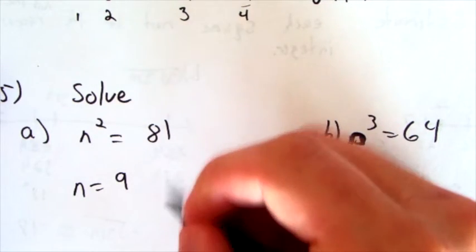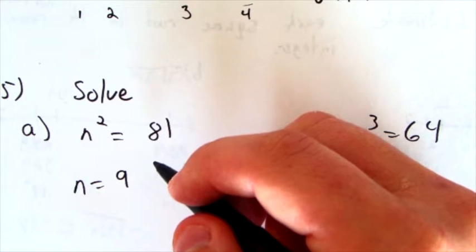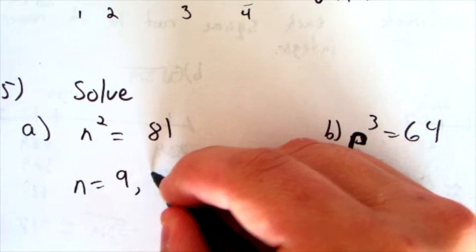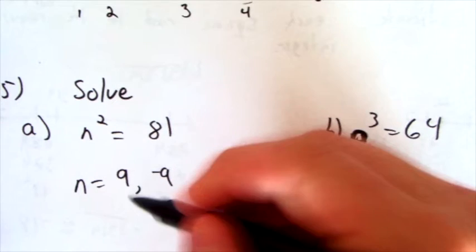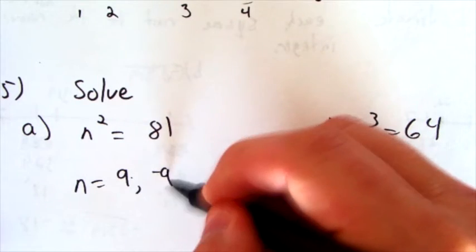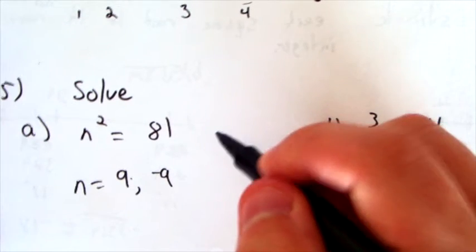But I also know that if I have a square root, I could have a positive or negative answer. So it's 9 and negative 9. And I can check that: 9 squared, or 9 times 9, is 81. And negative 9 squared, or negative 9 times negative 9, is also 81.